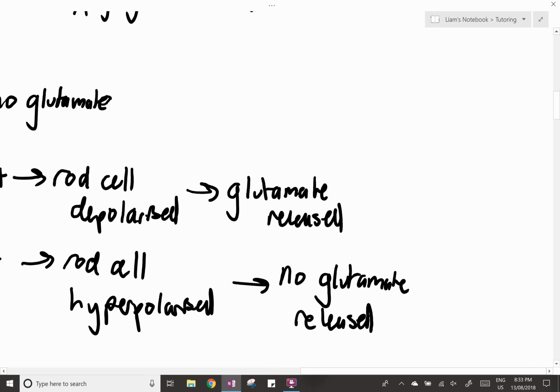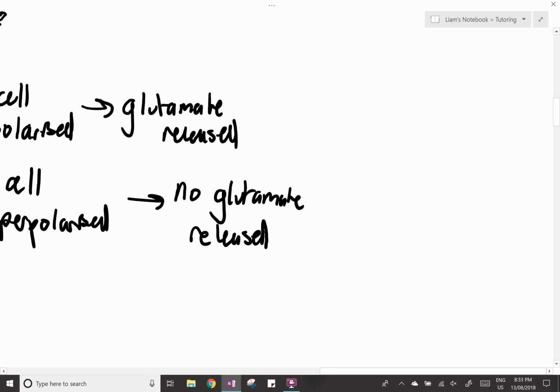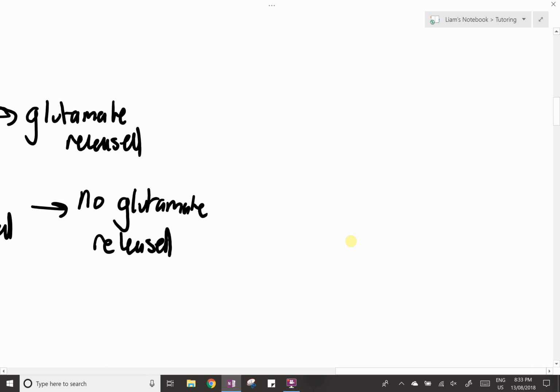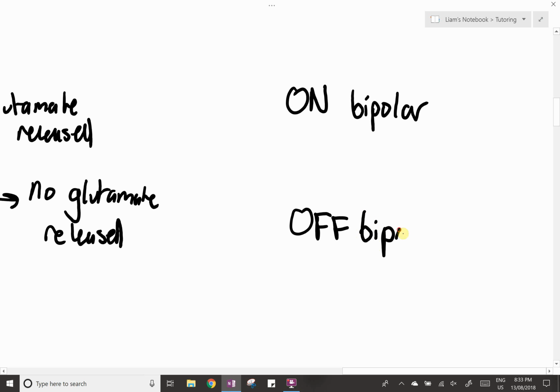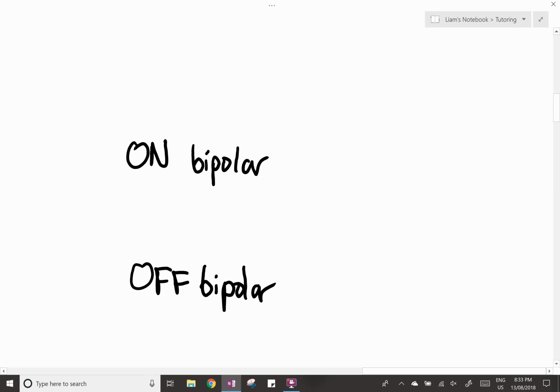Okay, we're going to jump to an extra layer of complexity now. So back to those bipolar cells that we were talking about before, we have two kinds. We have on bipolar and off bipolar. On bipolar depolarize in light.